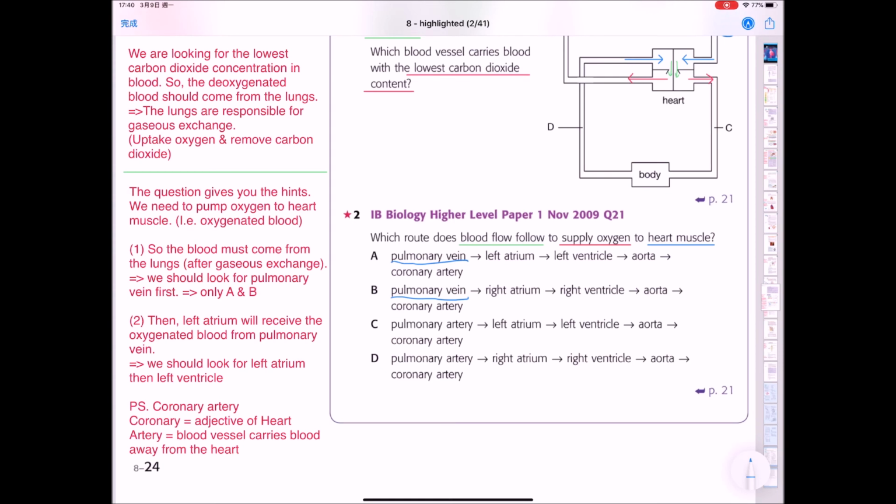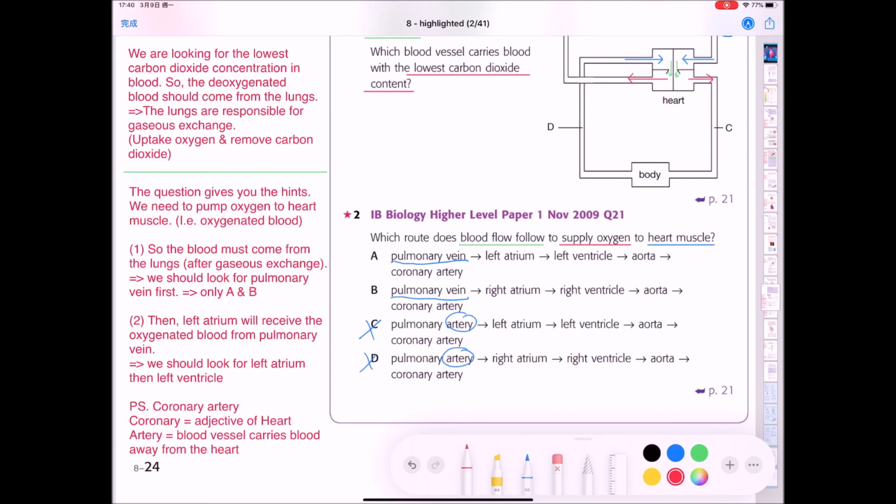But option C and option D are wrong because they talk about the pulmonary artery, which should contain the deoxygenated blood from the heart to the lungs. So it must be A and B. The oxygenated blood from the pulmonary vein should go to the left atrium. The left atrium will receive the oxygenated blood from the pulmonary vein.